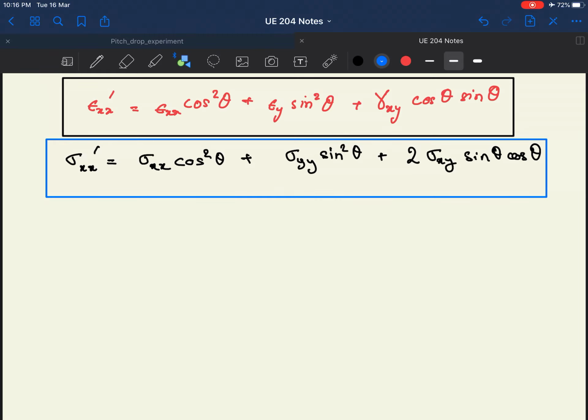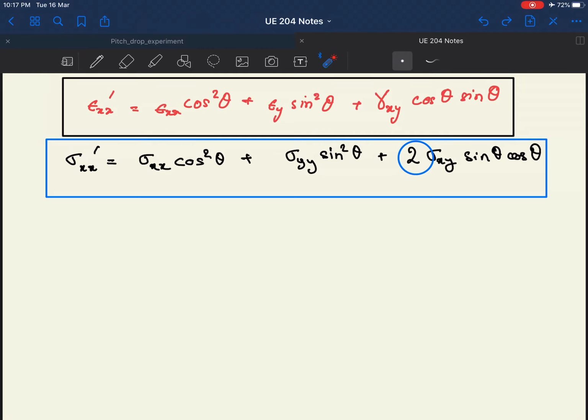Okay, compare these two equations. The thing that does stand out is this number 2. Here you don't have this coefficient of 2, the coefficient is just 1, but here you have a coefficient of 2.